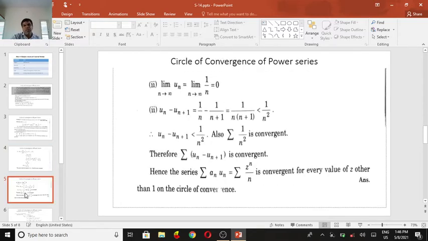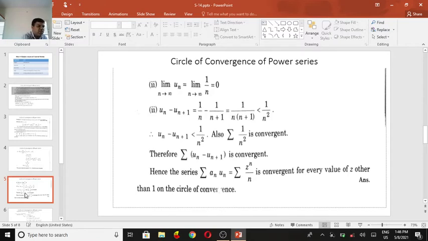Now we take one more example. Take the limit of un, which is the limit as n tends to infinity of 1 by n, so it is 0. Second, for consecutive terms, un minus un plus 1 is equal to 1 by n minus 1 by n plus 1.